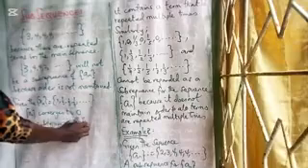Therefore, every subsequence of x of n must also converge to 0. They will also converge to 0.